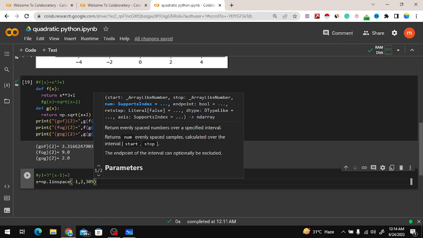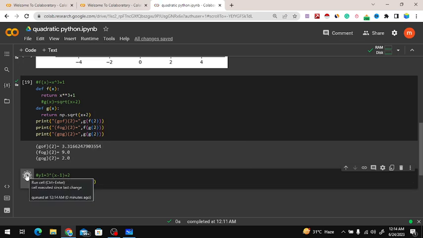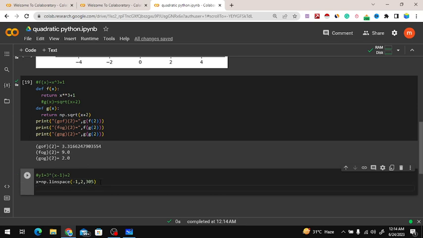And now, first I have created a linspace, and now I want to put y1 equal to 3 to the power x.